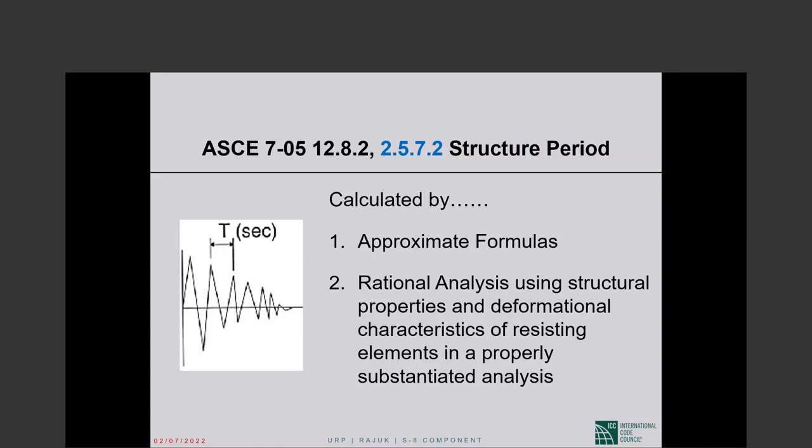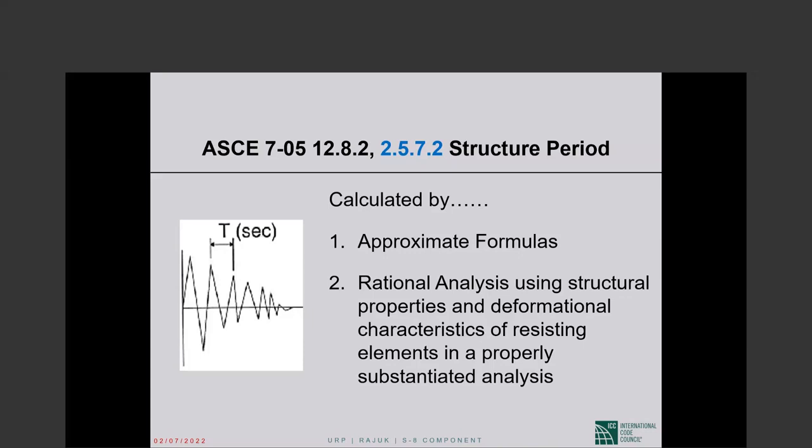and without a base shear, we cannot design our structure. So we cannot determine period. So this is a classic chicken and egg situation. And because of that, our codes have always given us an approximate base shear, an approximate period with which to get started.